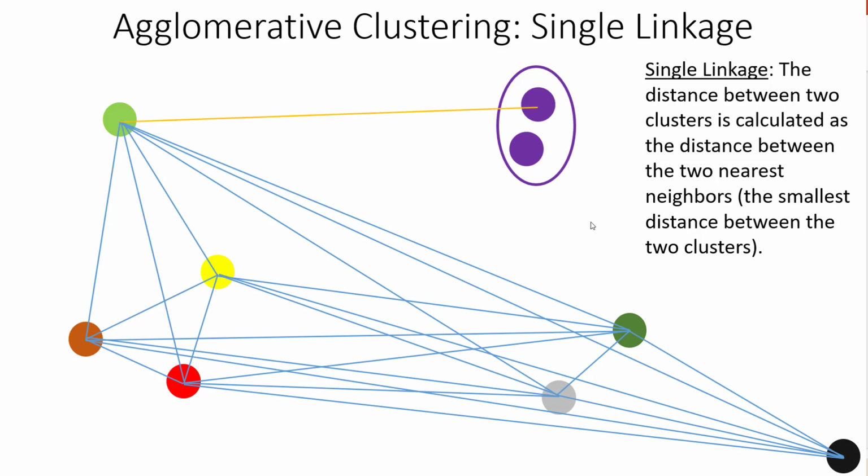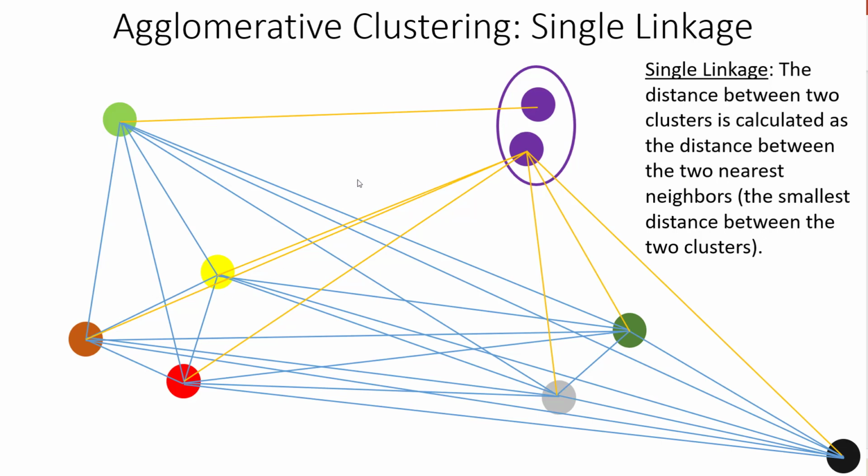So we'll draw a line connecting it there. And then all these other ones are the closest to the one on bottom. The yellow is closest to the bottom purple dot, brown is closest to the bottom one, red, gray, green, and black. So now these lines are the ones that are joining these clusters together, how far apart they are.